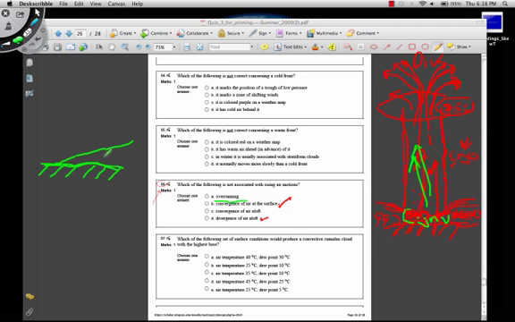So we have cool air here in this region and warmer air over here.